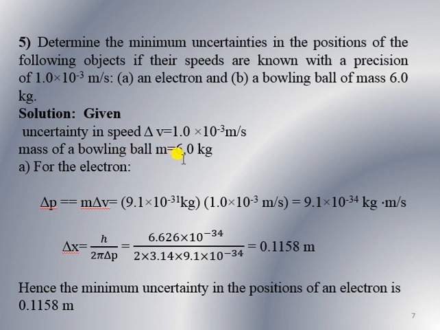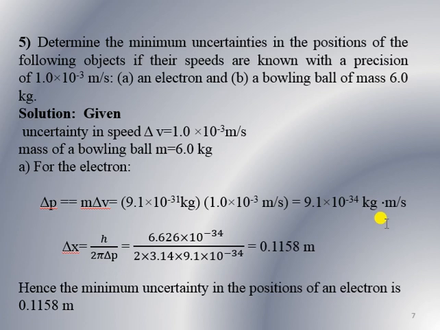For the first object, the electron, we have to find the uncertainty in position. Initially we find the uncertainty in momentum, which is equal to mass into uncertainty in velocity. This is the mass of the electron, and the uncertainty in velocity is 1.0 into 10 raised to minus 3 meter per second. It is equal to 9.1 into 10 raised to minus 34 kg meter per second.